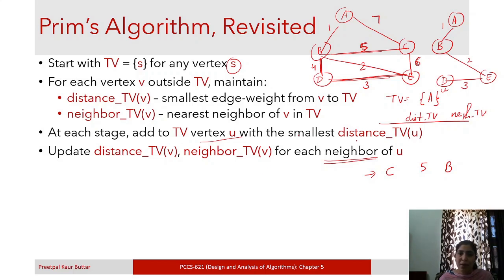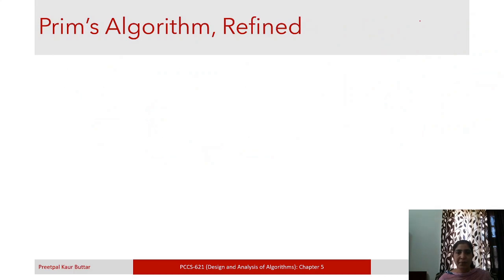But the only node which is left is C, and C is not a neighbor of D, so we cannot update it. Okay, so now we will add C here, and the distance will be 5. Okay, so this is the minimum spanning tree for this graph, right?